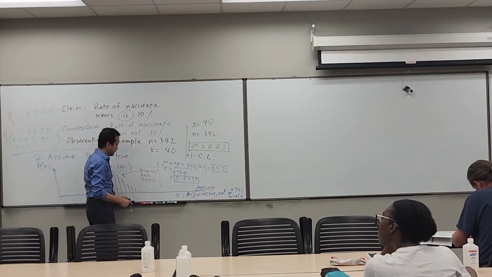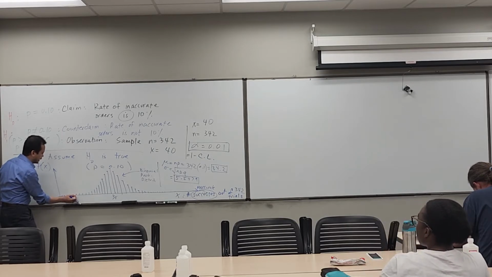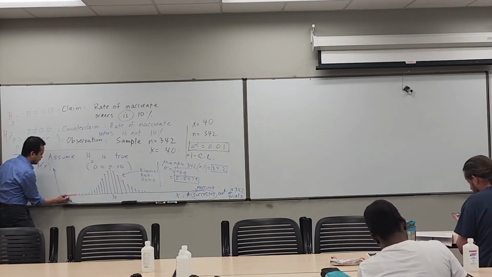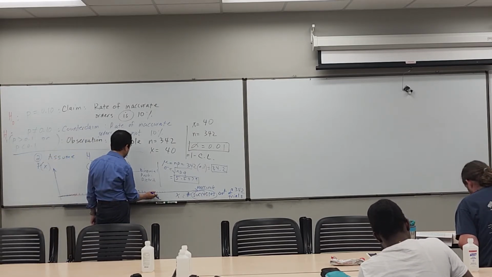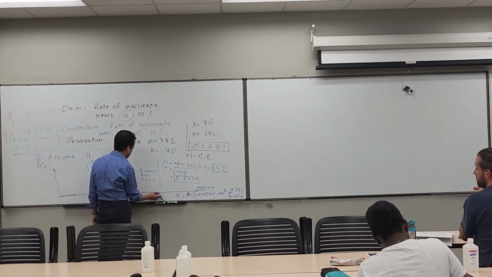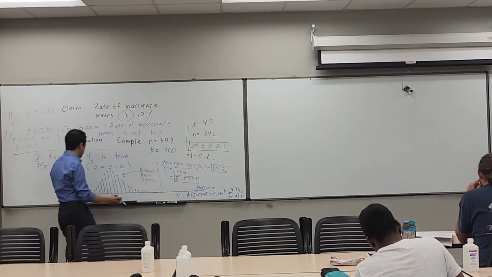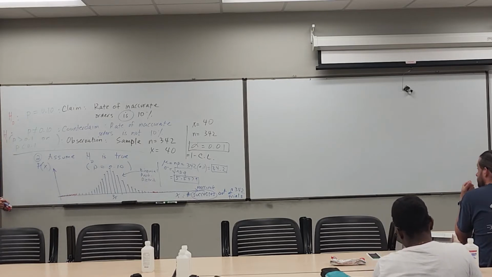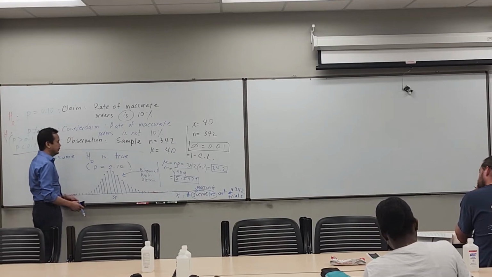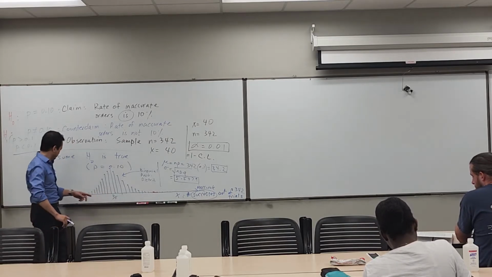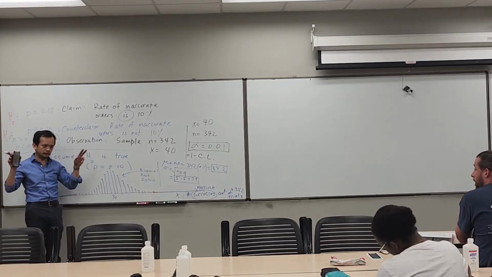That means that in this picture, you can go ahead and label two tails, one on each side. Everything in red represents a tail, and everything that's not red we call the body of the distribution.